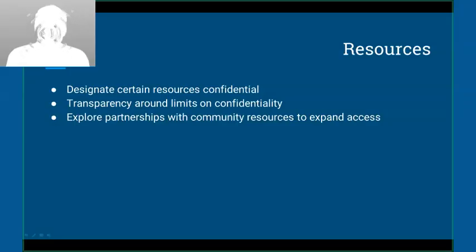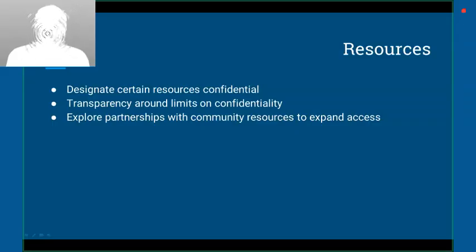And exploring partnerships with community resources can help expand access. So if an institution doesn't have the resources to offer a fully staffed 24/7 confidential crisis intervention, counseling, advocacy office, then they may want to explore a partnership with a community resource that can serve in that role for students in some type of formal or informal way.